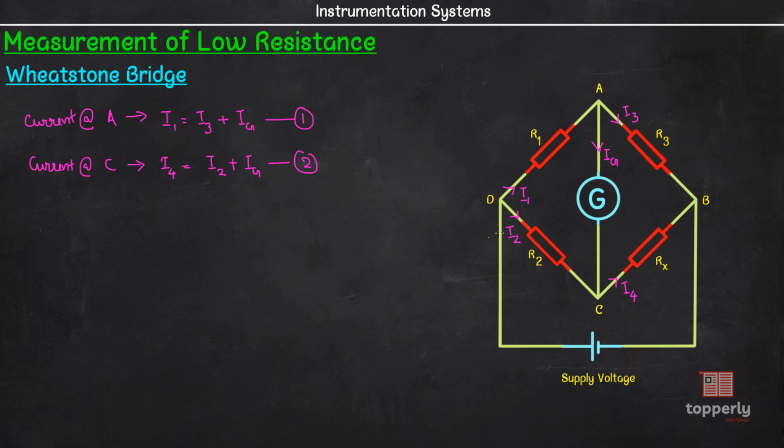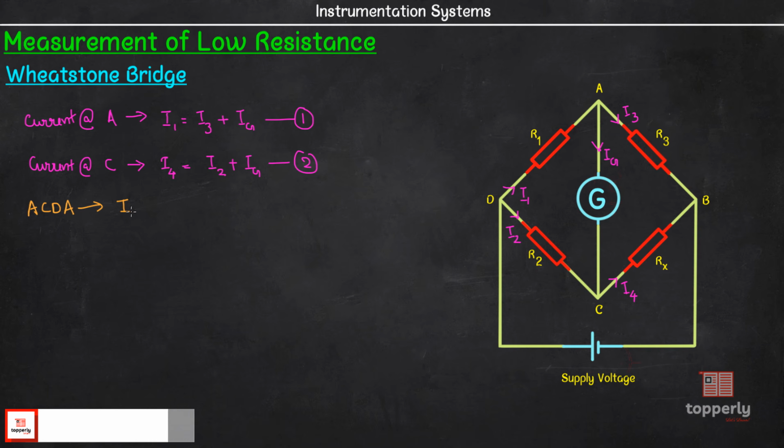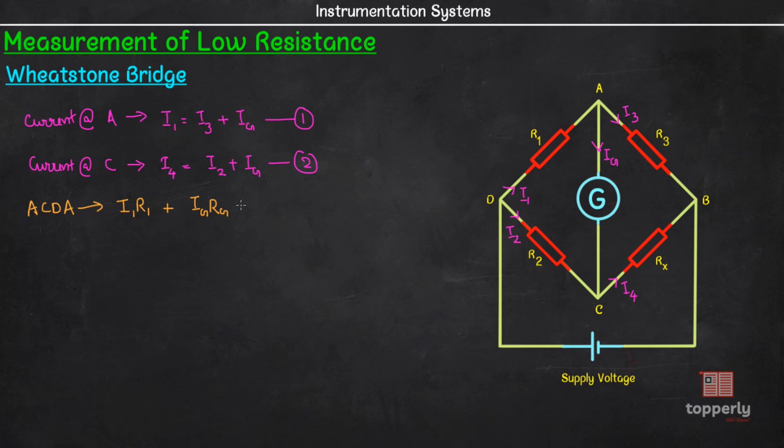Okay, now using Kirchhoff's second law, the voltage in the loop ACDA can be written as I1 into R1 plus Ig into Rg, where Rg is the resistance of the galvanometer, minus I2 R2, and this is equal to 0.